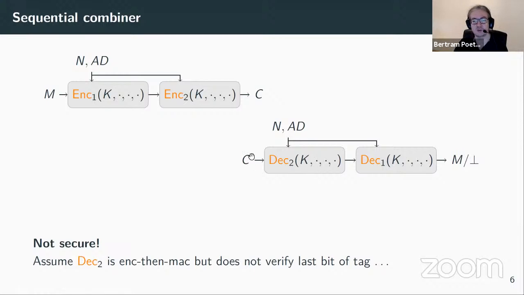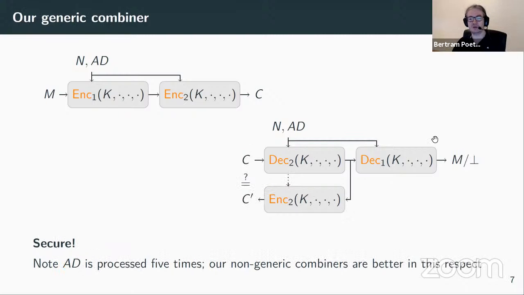This is not secure because maybe the second scheme doesn't fully protect the integrity of the ciphertext. However, if I do this on the decryptor side, I decrypt first, get this intermediate value, and then I decrypt the second to get the message, but also I re-encrypt this intermediate value to get a ciphertext C prime, and then I would expect that these are the same, so I compare here.